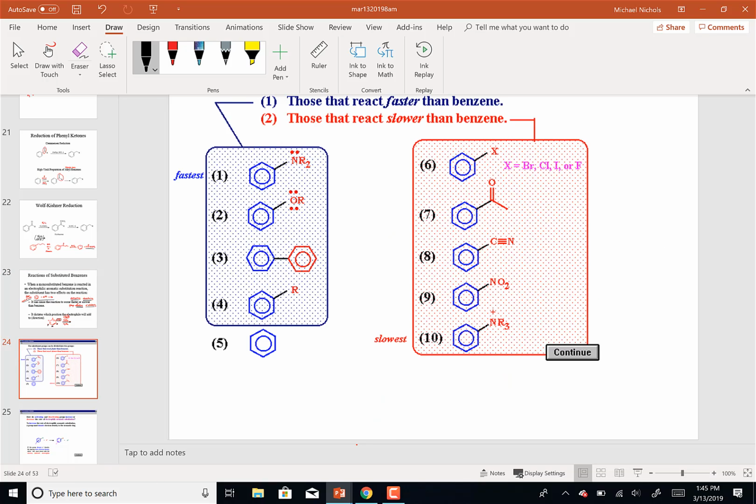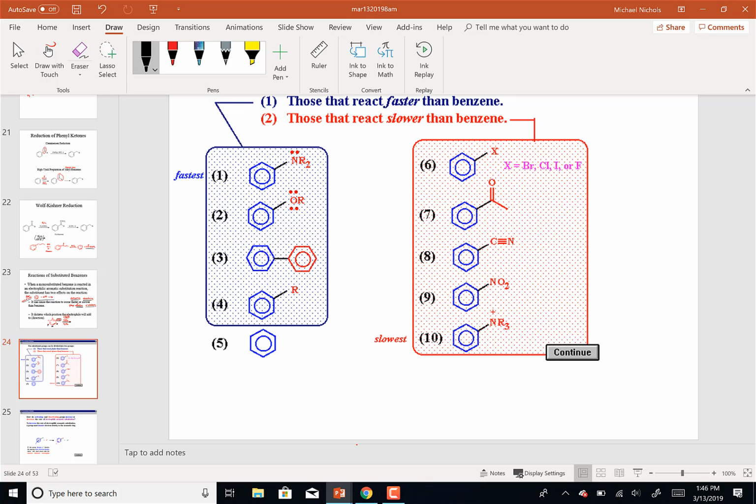So here's some groups that, when they're attached to the benzene ring, are ordered from reacting fastest, number 1, to reacting slowest, number 10. Ideally, at some point, I'm going to make a 1 to 10 completely vertical list out of this.